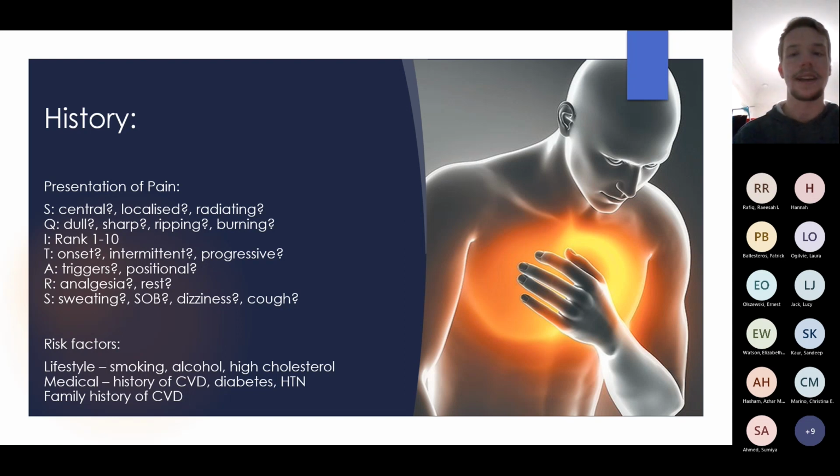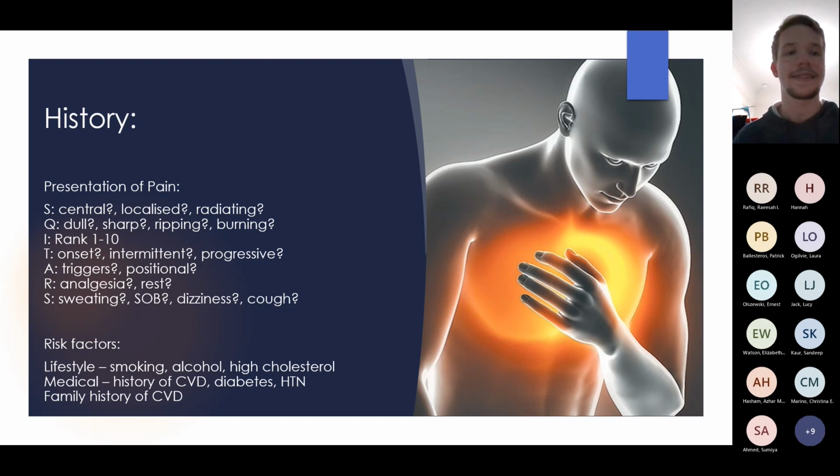So is it worse when lying down? Is it worse when standing up? Is it worse when breathing in and out? And then for relieving factors, I'd probably ask about pain relief and whether that's helped, or if it comes on with exercise, does resting then relieve that pain?